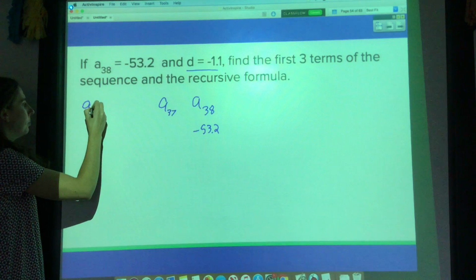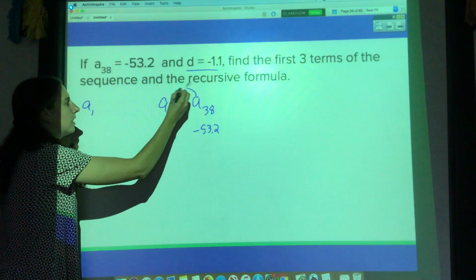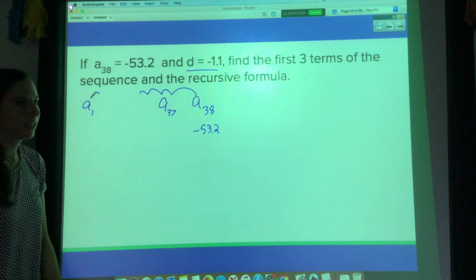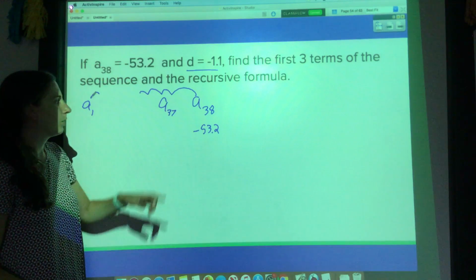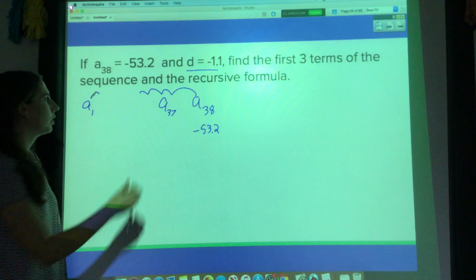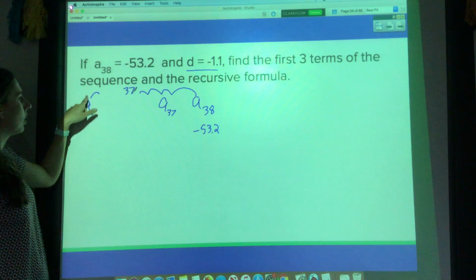How many jumps is it going to take to get from A38 all the way over to my first term? Think about that for a second. From 38 to the first term, that would be a total of 37 jumps, because I don't go all the way to 0.